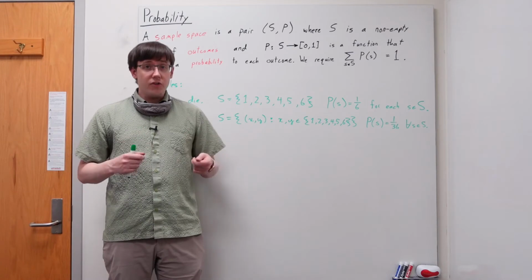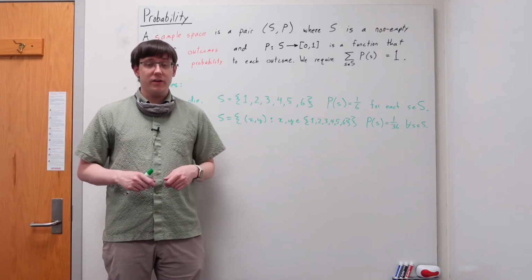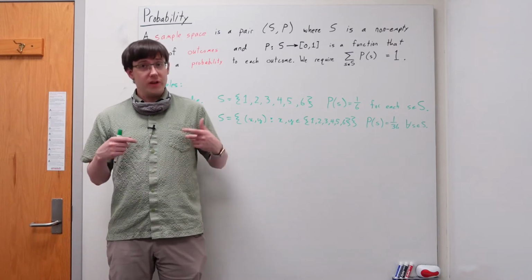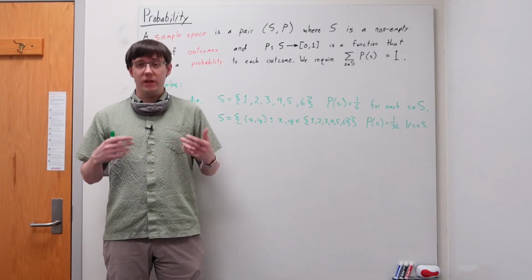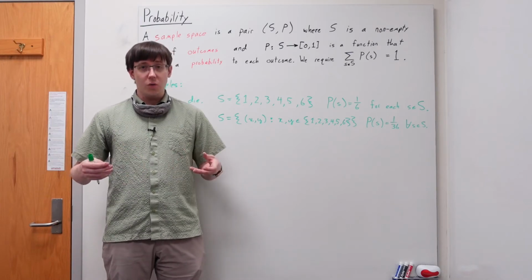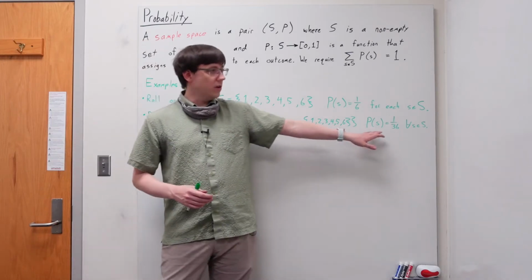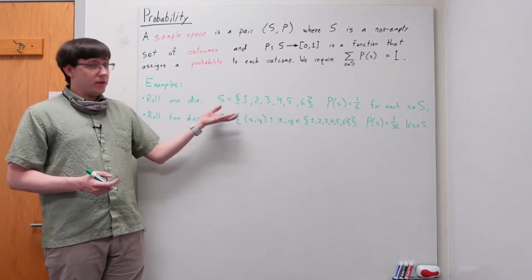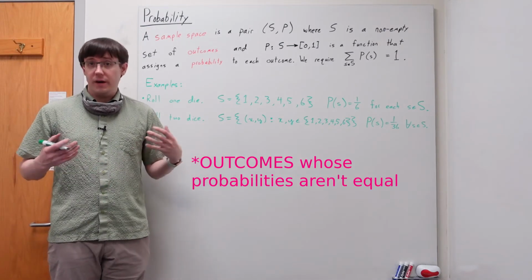And since each of the dice is equally likely to come up with each of its faces, each of those 36 possibilities is equally likely. And so to have 36 probabilities that are all equal and sum to 1, they must all be 1/36. But we can also very much have events whose probabilities are not equal.